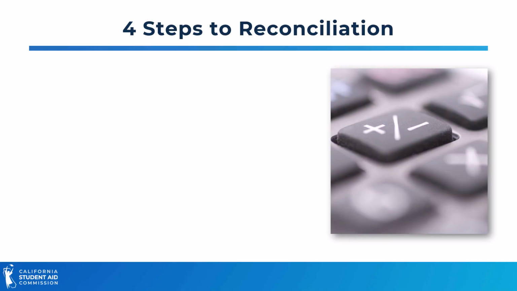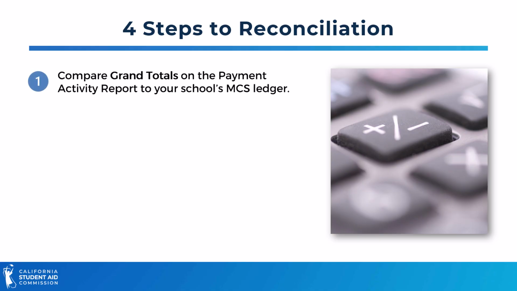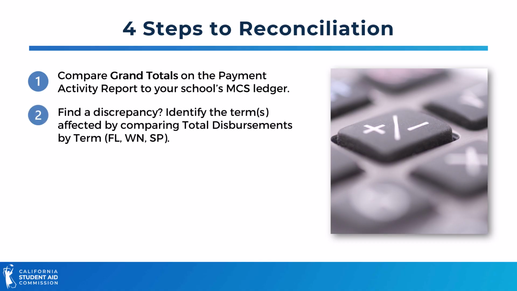There are 4 steps to fully reconcile your MCS program. First, compare the grand totals on the payment activity report against the school's MCS ledger. Second, identify which terms have a discrepancy by comparing total disbursements per term.